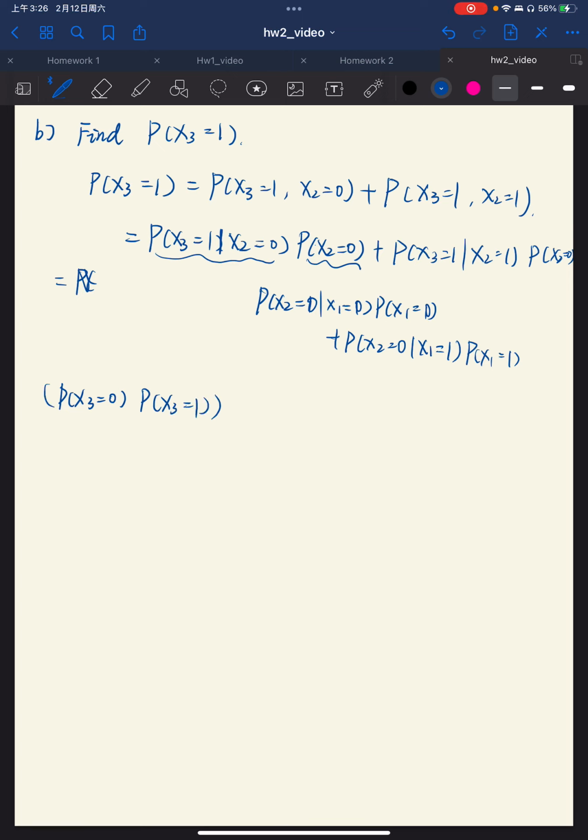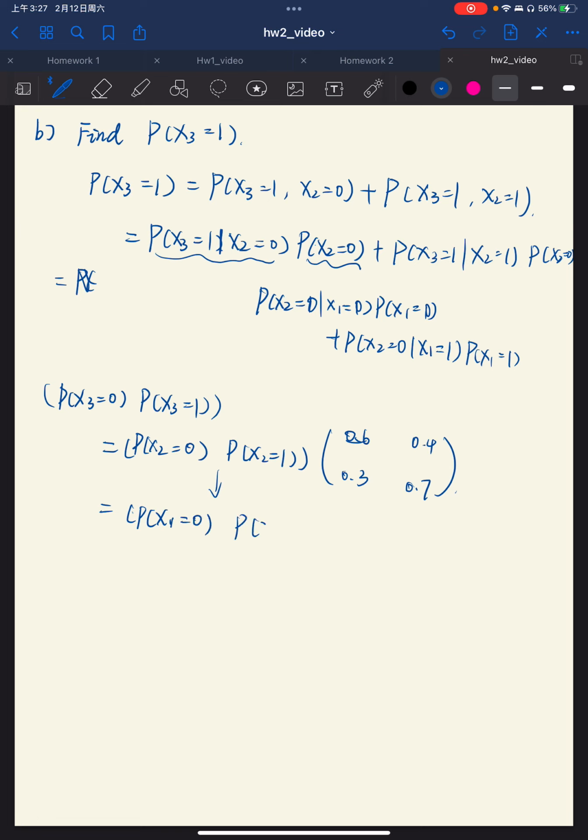This row vector is equal to the probability of x2 equals 0 and x2 equals 1 times the conditional probability matrix 0.6, 0.4, 0.3, 0.7. And this one is also equal to the probability of x1 equals 0, x1 equals 1 times 0.6, 0.4, 0.3, 0.7, and this matrix moved here is squared.